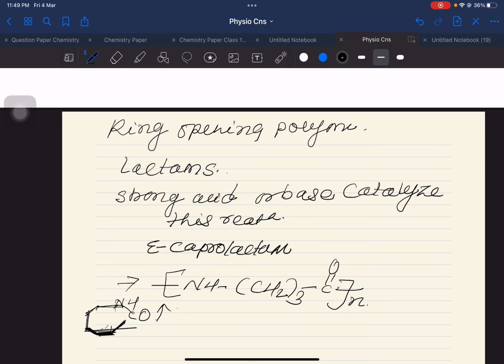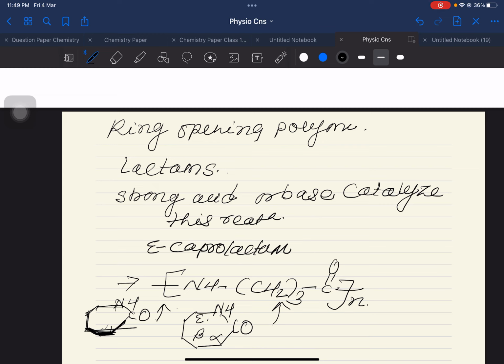This type of compound is formed. This is caprolactam, NH, alpha position, beta position. This gives this type of product.